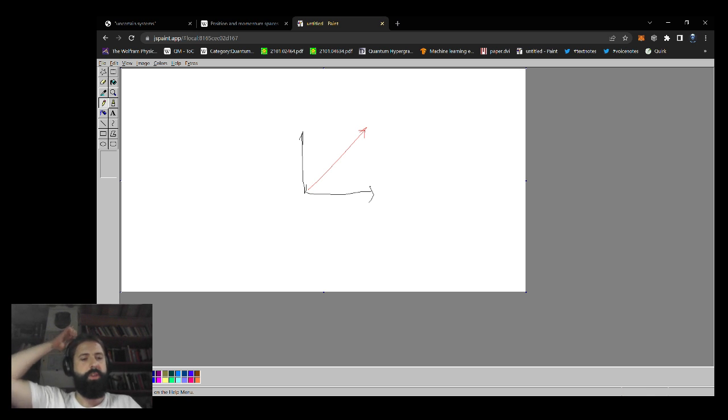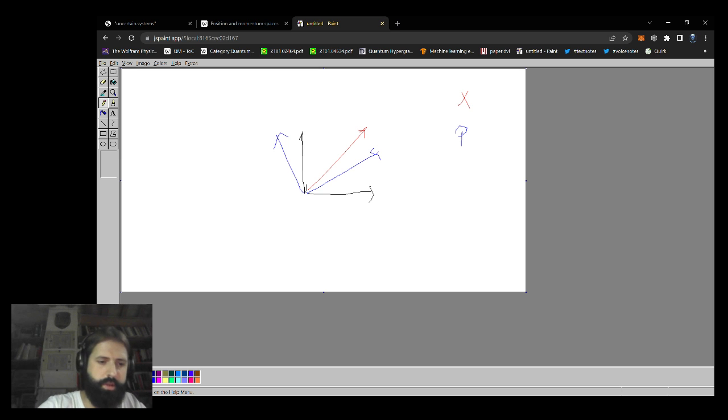Let's say this is position, and now I want to go to the blue one, which is momentum. This is a position vector, so I can express it in another basis, and I'm not even going to draw it orthogonal to the original basis. Let's say this is the basis.